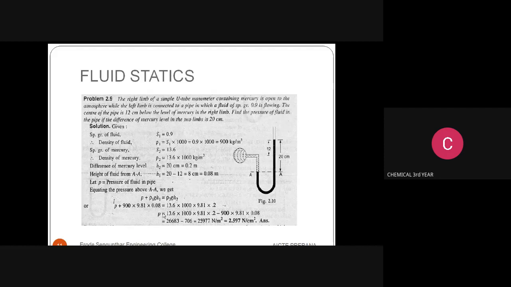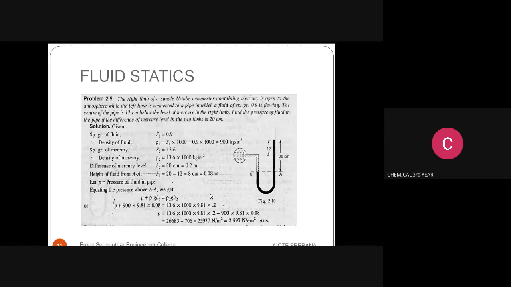So P is equal to 13.6 into 1000 into 9.81 into 0.2. So we can bring this term to the right hand side, so minus 900 into 9.81 into 0.08. So you will be having the pressure value if you do it in this manner.